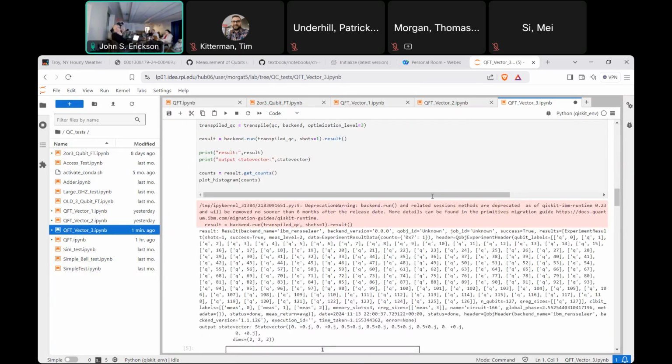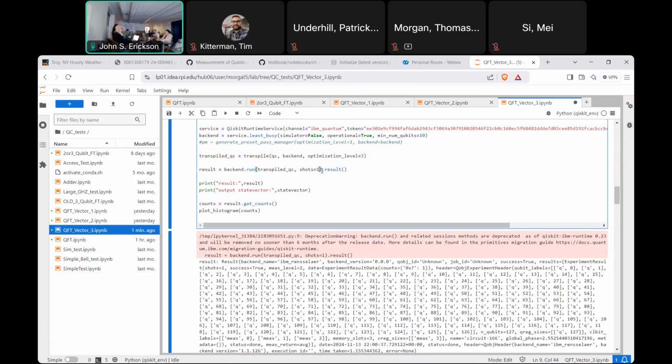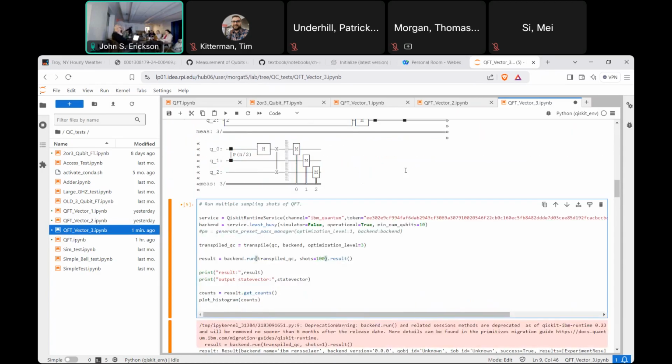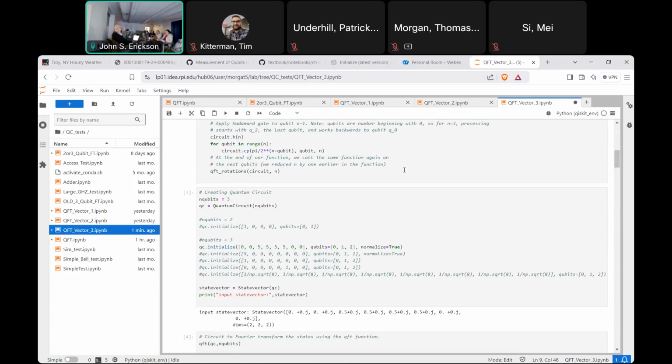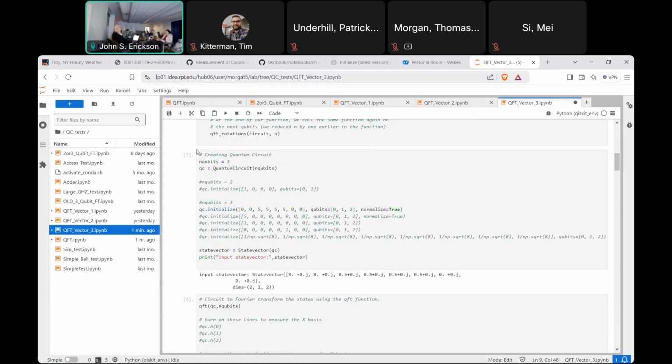Let me, just to make sure, just to show you that it actually does work the way I had. I think I have to rerun some of this stuff, might have to run from the top. I have to start here again.